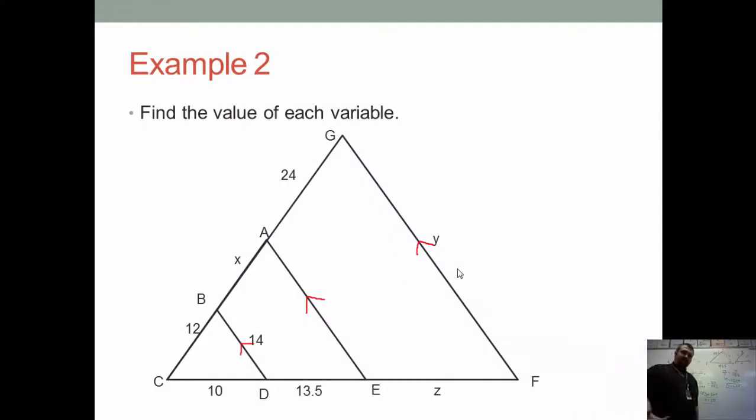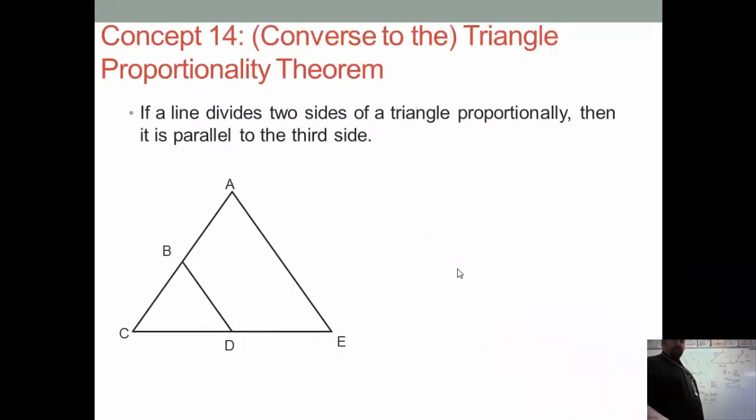Alright, the next theorem that we talk about is the converse of the triangle proportionality theorem. It's if I have my sides divided proportionally, then I know it is parallel to the third side.